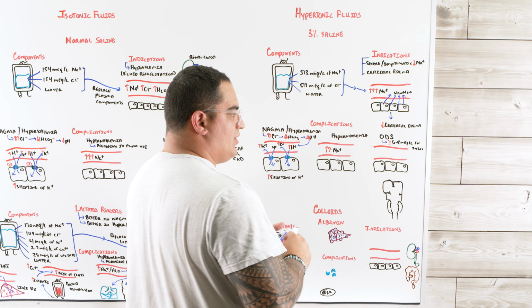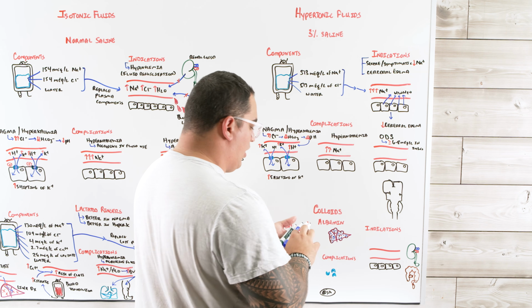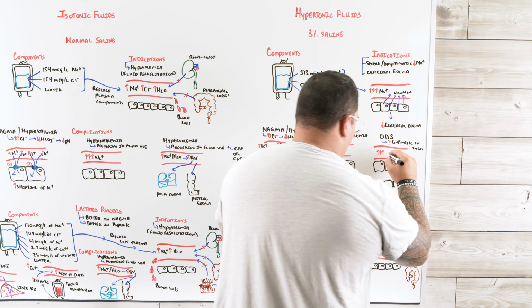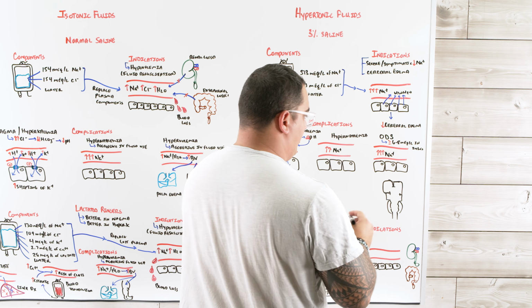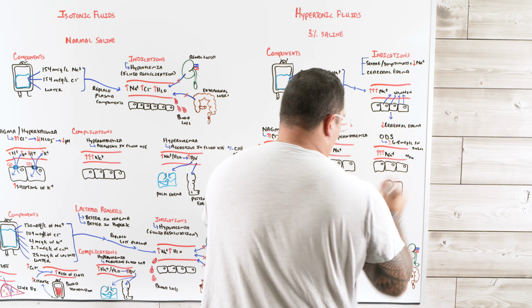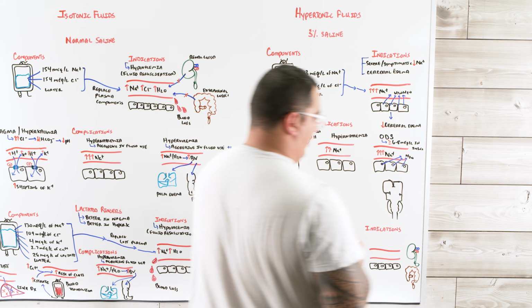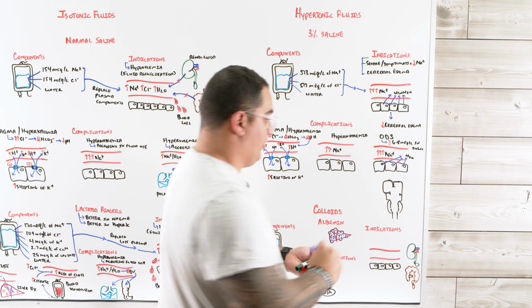So if you increase the sodium greater than that in a 24-hour period, what you can potentially do is pull too much water out of the brain, all right? And when you pull too much water out of the brain, you can demyelinate some particular neurons.